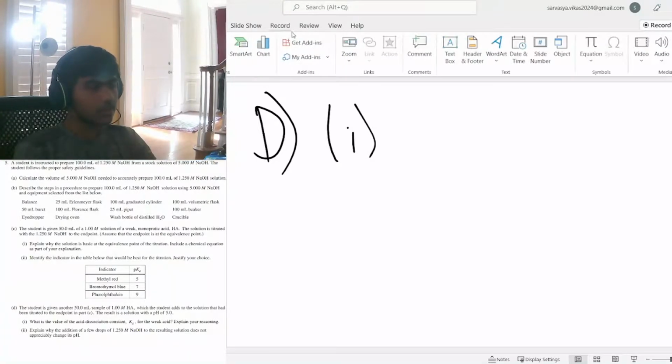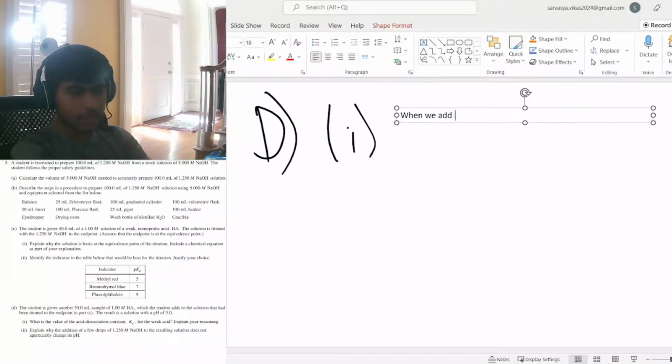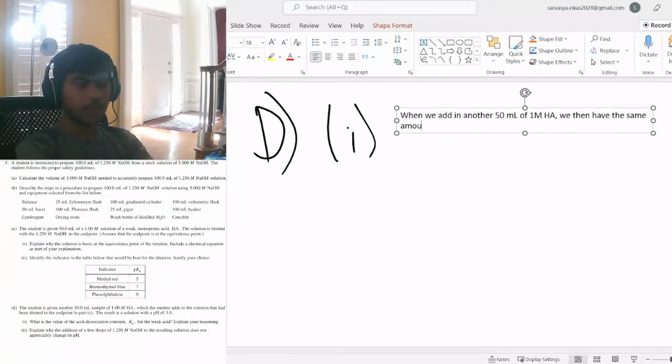Alright, so let's see. So when we add in another 50 ml of 1 molar HA, we then have the same amount of HA and A minus in solution.